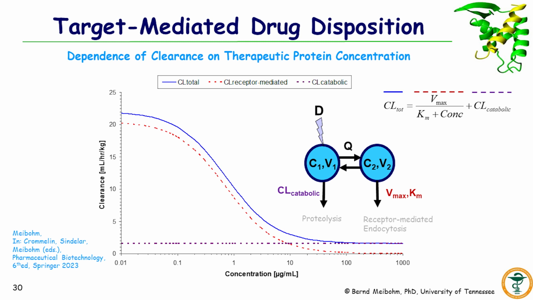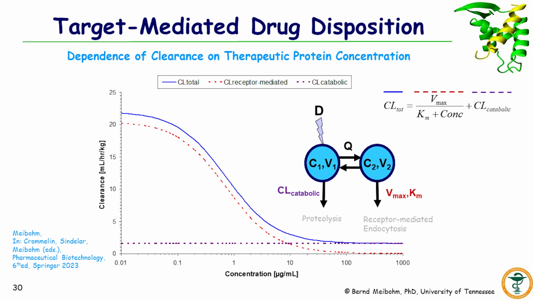In a slightly different fashion, this dose-dependent clearance is now shown here in this graphic. On the y-axis, the clearance of the therapeutic protein. On the x-axis, the concentration in a logarithmic scale.